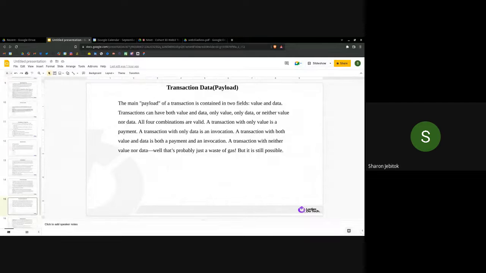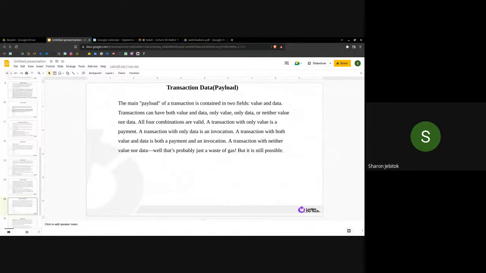So a transaction with only value is a payment. Value could be, let's say, the amount of Ether that someone was sending the recipient. So a payment transaction will have only the value, and then a transaction with only data is an invocation transaction.